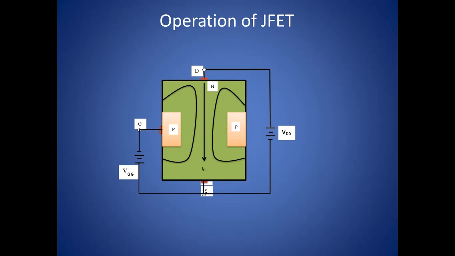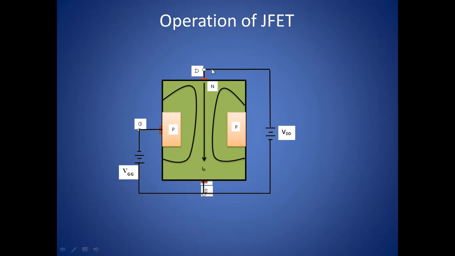The electrons flow in the N-channel JFET from source to drain. In this direction, electron flowing. This constitutes a conventional current, that is drain current ID.